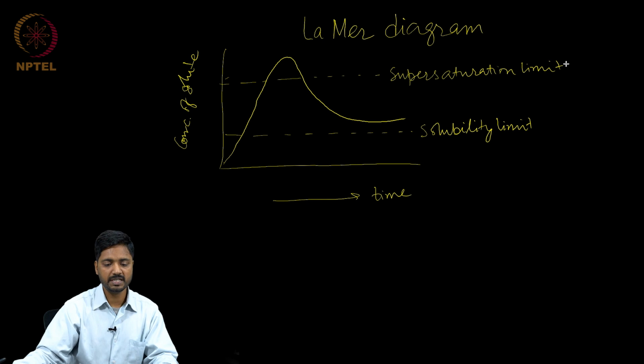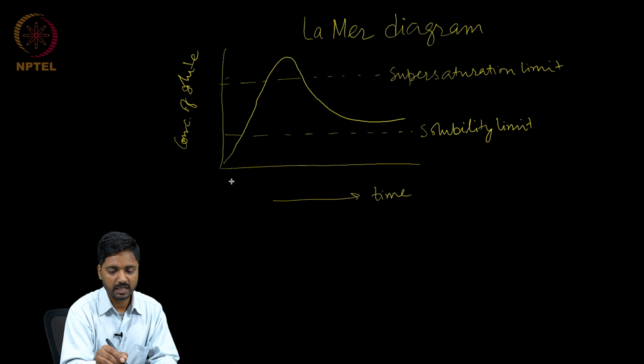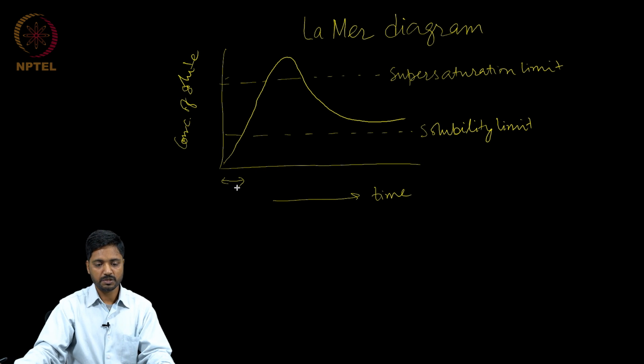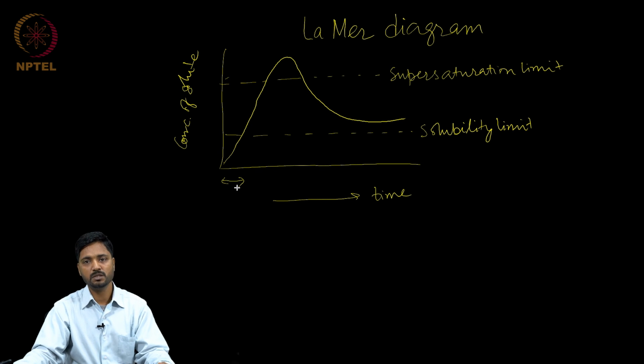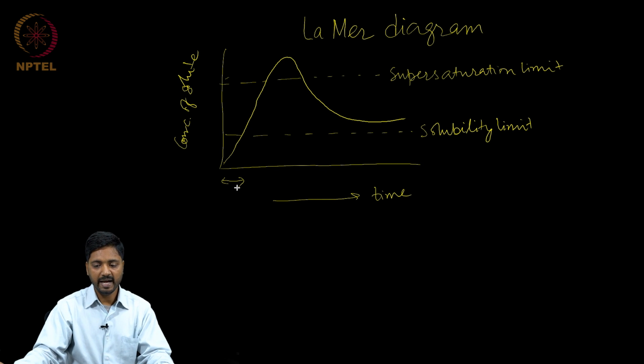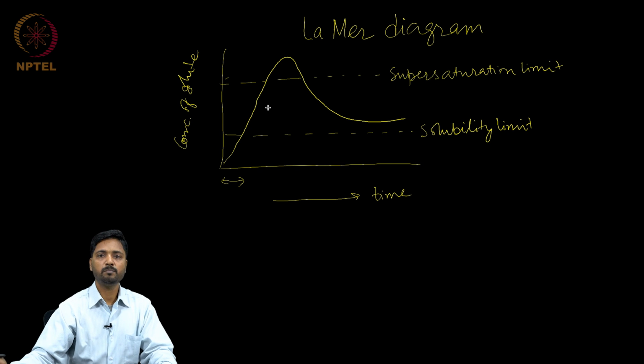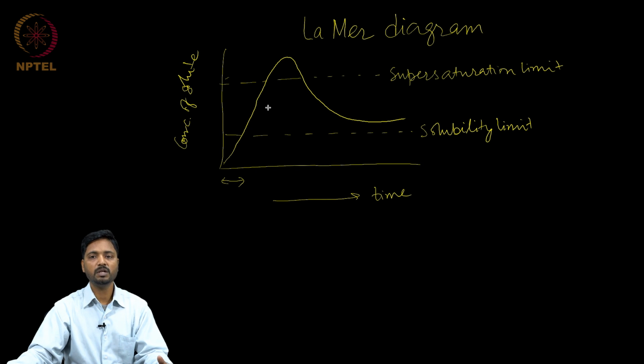As we see, initially in this time regime, the concentration of the solute is lower than the solubility limit, so it would be nicely soluble in the medium in which the particle is being formed. As we cross the solubility limit, the particle does not immediately start forming.